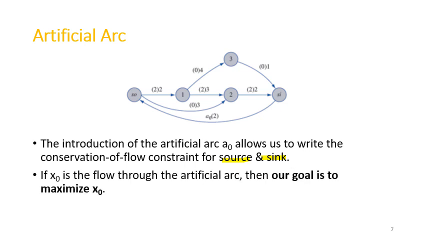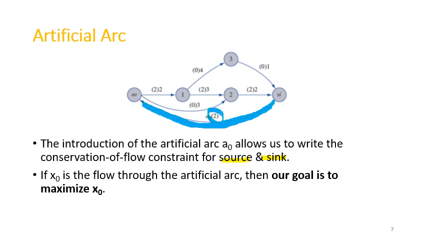Now, if we say that x0 is the flow through the artificial arc, so here in the previous example, x0 equals 2, then our goal actually is to maximize x0. Remember that the maximum flow problem wants us to maximize the flow that we can push from source to sink.